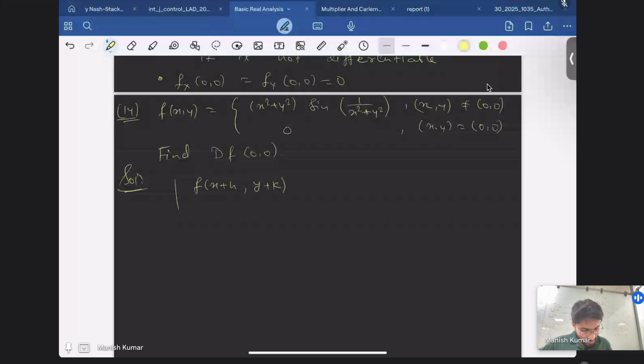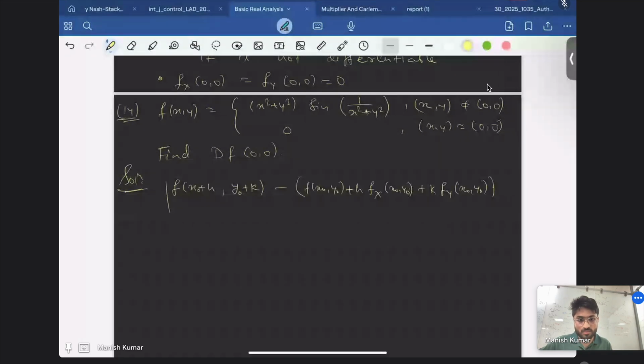Okay. We know that in one variable, when I expand the Taylor series, this is f of x plus f prime of x times h plus h square by 2, and I can even write order of h, like this is how we do.